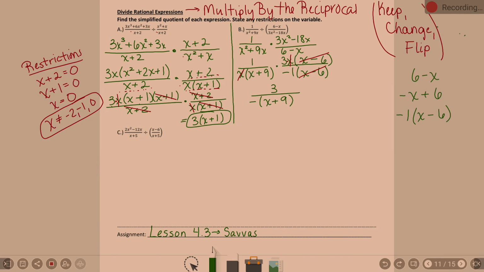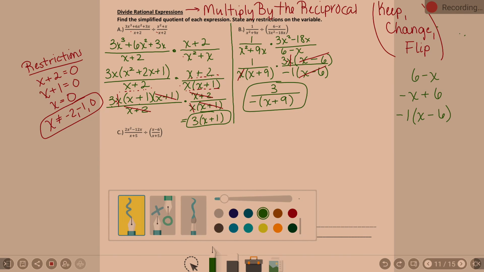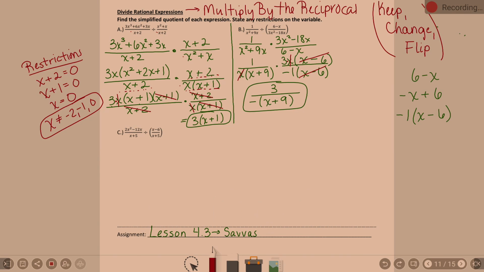You can also distribute it in. I have it like this in my notes, so I would like to think that would be acceptable. Distributing it, it'd just be negative x minus 9. Yes, 3 over negative x minus 9 would be equivalent if you did multiply that out.